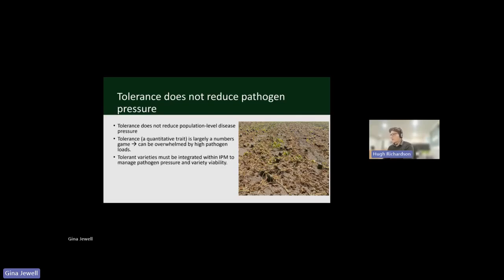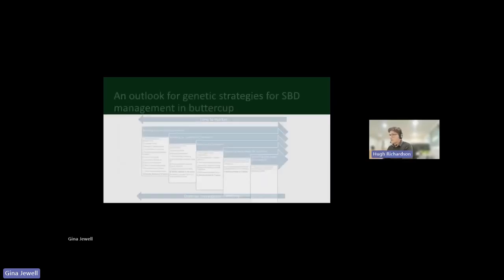And that means that there's often a shelf life on the usage of tolerant varieties, especially in isolation. So again, tolerant varieties are more of, I think, a short-term option for disease management through breeding, but they also need to be incorporated as part of IPM to really be viable and to get the most lifespan out of them. Next slide, please.